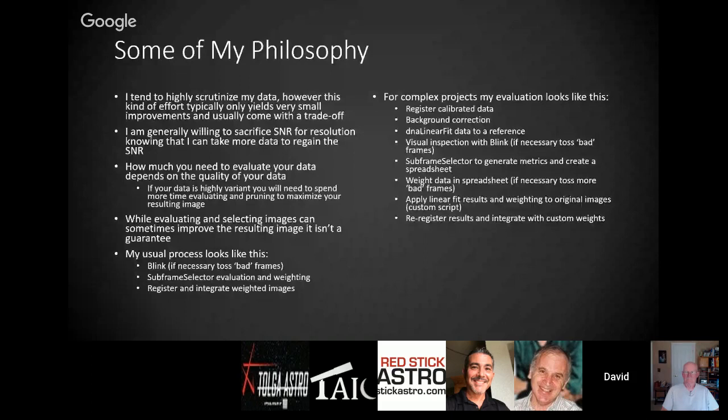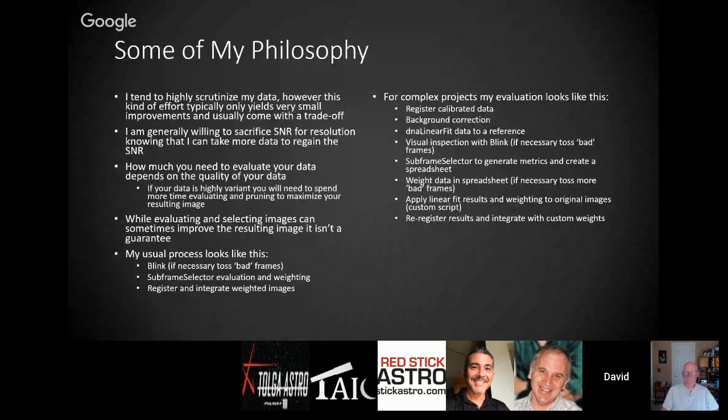And so when I do this sort of thing and really scrutinize the data, I'll get 2% improvement in star sizes, full width half maximum, or maybe a slight decrease in signal to noise ratio to get that resolution, maybe 5%, sometimes as much as 10%, but usually not that big of a difference. I'm generally willing to sacrifice some signal to noise ratio for resolution, knowing that I can take more data to regain the signal to noise ratio if I need to.